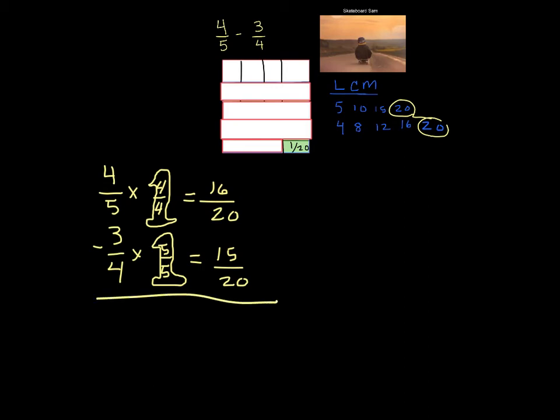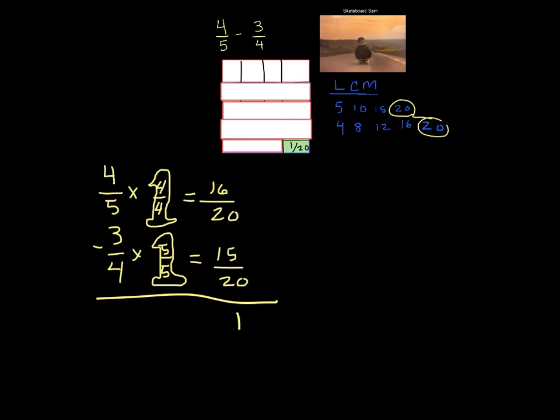So here, first rule for subtracting fractions is that you have to have common denominators, which we do. And then the second rule is that you only subtract the numerators and then drop the denominator straight on down. So if we take 16 minus 15, 6 minus 5 is 1, right? So 16 minus 15 is 1, right?